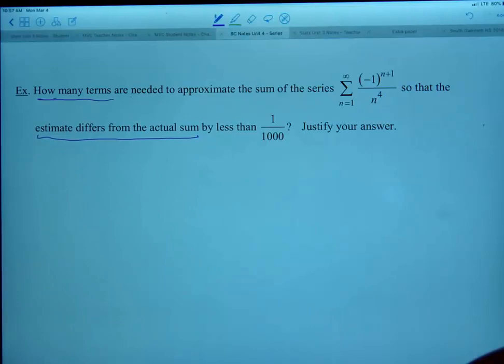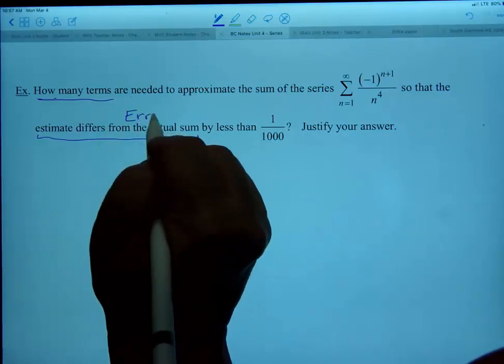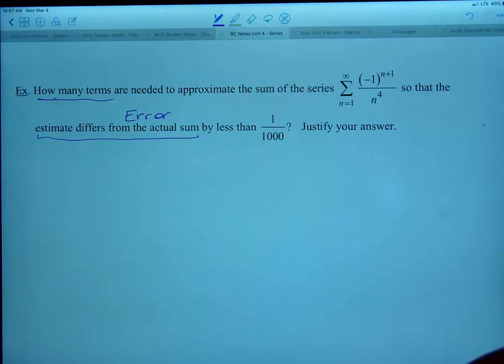Anytime it talks about the estimate differing from the actual sum, you can replace all of that with the word error, because that's what it means. So now if you reread the problem, it's not quite so bad. How many terms are needed to approximate the sum of the series so that the error is less than 1/1000? That's a little better.